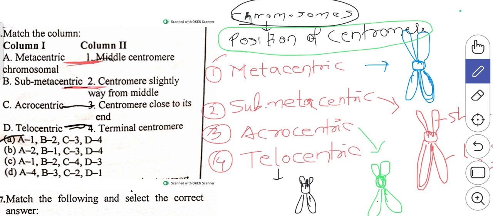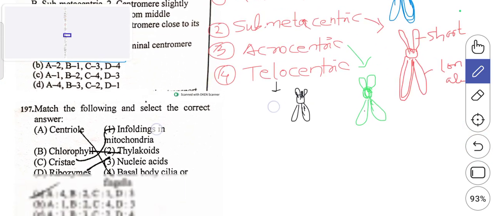So B2 is right. Acrocentric, centromere close to its end. This is also true. Telocentric, terminal centromere. So hence for this one A is the right option. So we'll discuss the next question.